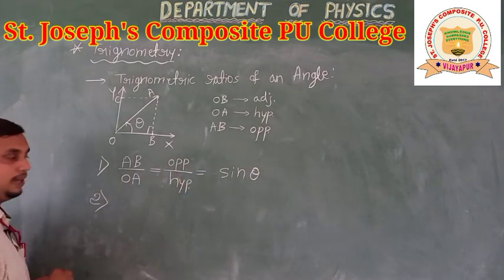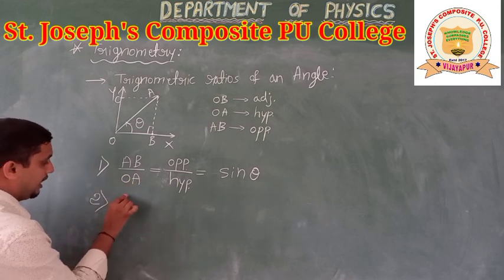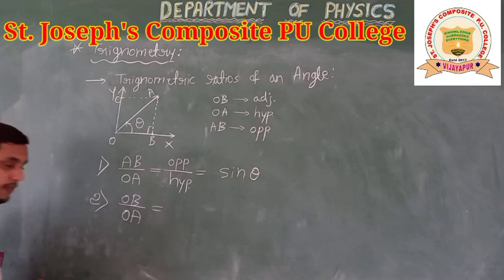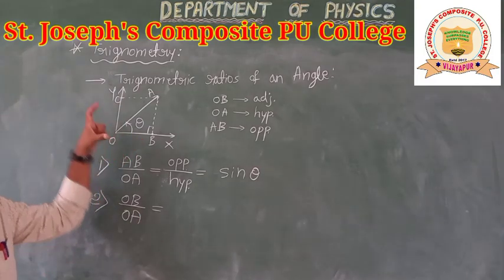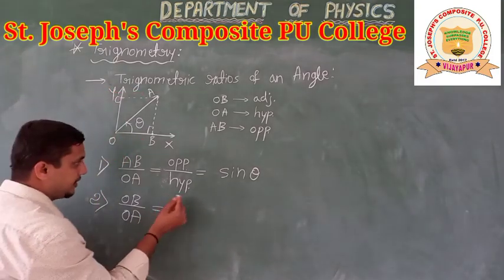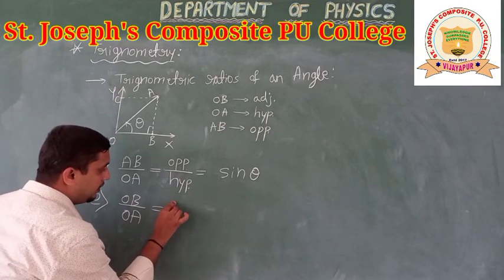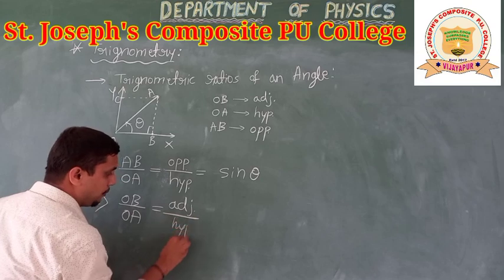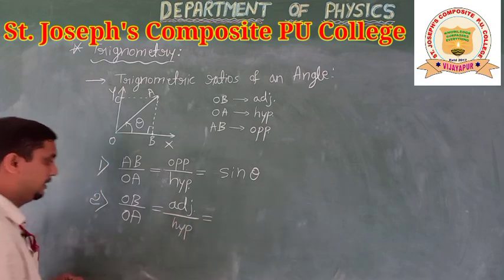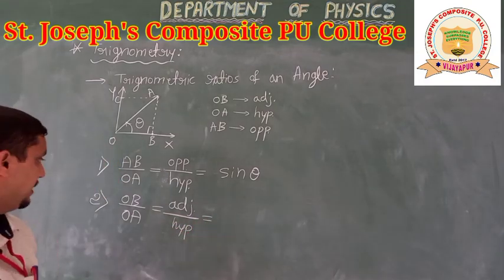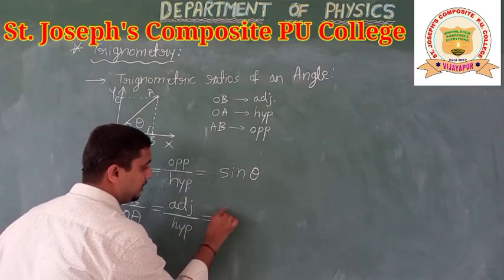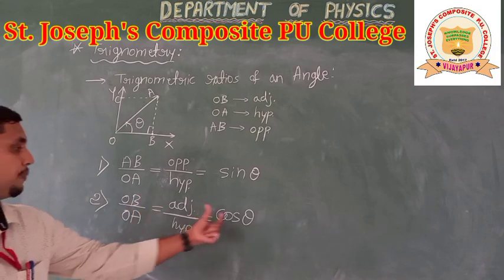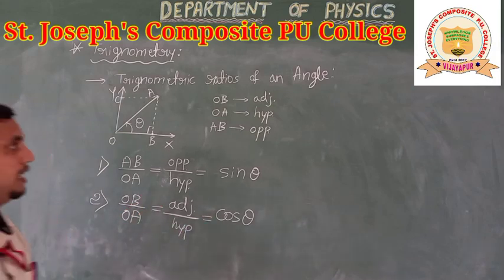In the same way, the second one, OB divided by OA, represents the adjacent side divided by hypotenuse, that is cos theta. Adjacent by hypotenuse is cos theta.